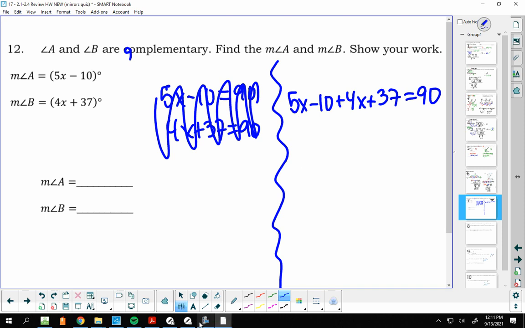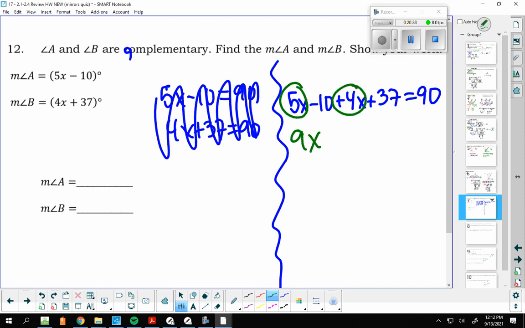Okay. Let me look. So, complementary means add up to 90. How many x values do I have? 9x. Negative 10 plus 37 is positive 27. Equals 90.